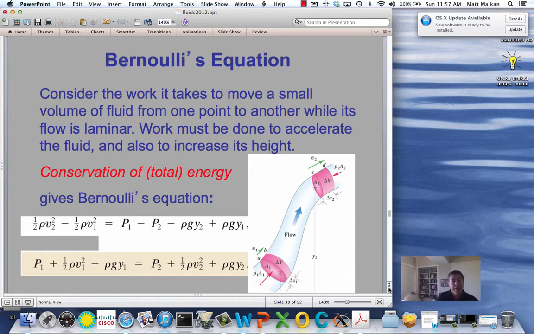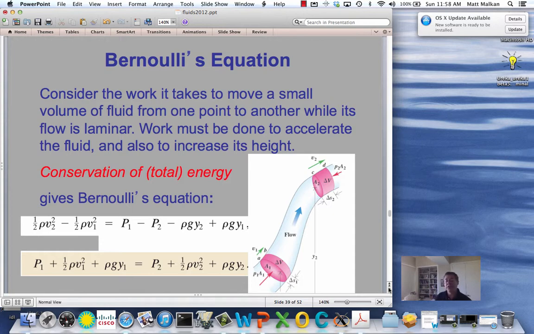How could that happen? One way is that the pressure could have changed, because a pressure pushing something over a certain distance corresponds to an amount of work put into the fluid, meaning it would acquire more energy. The opposite can occur if the fluid goes to a greater elevation, if it has to go uphill. Then it's losing kinetic energy to gravitational potential energy, which is mgh.